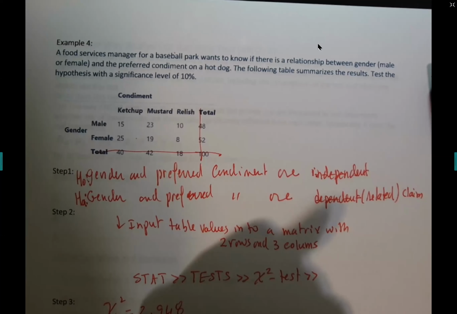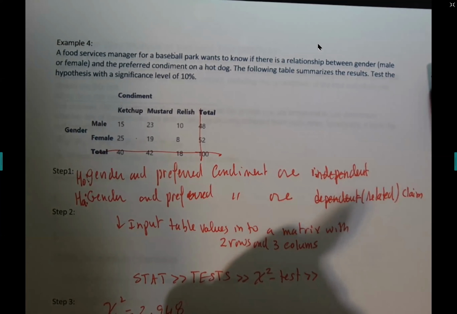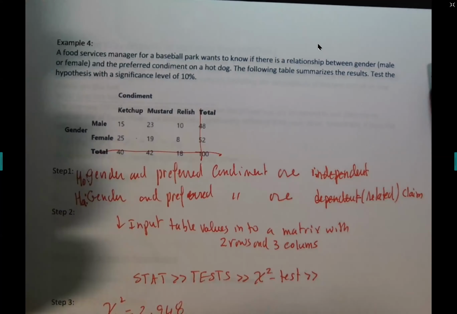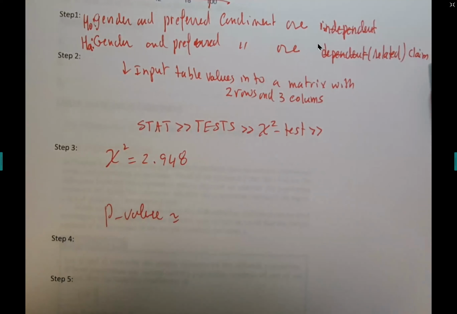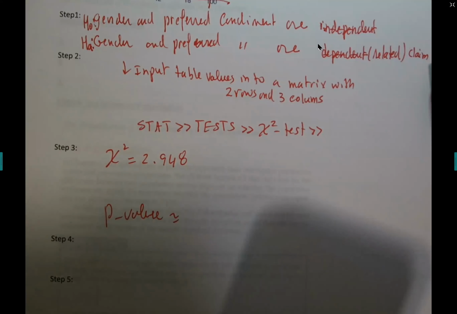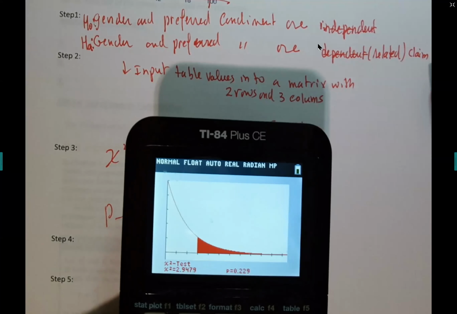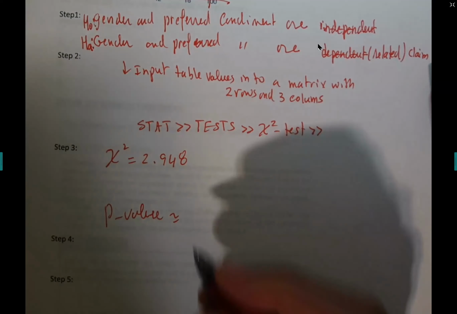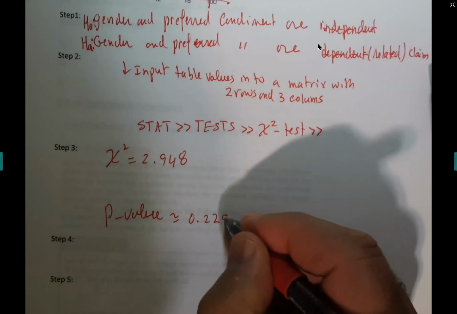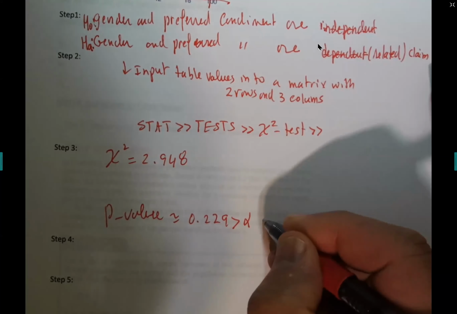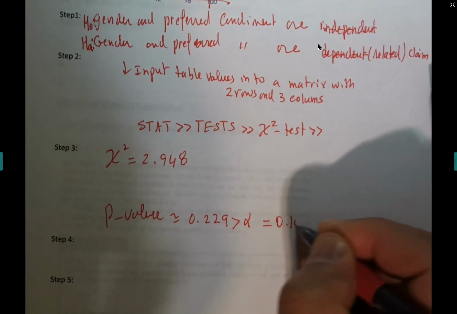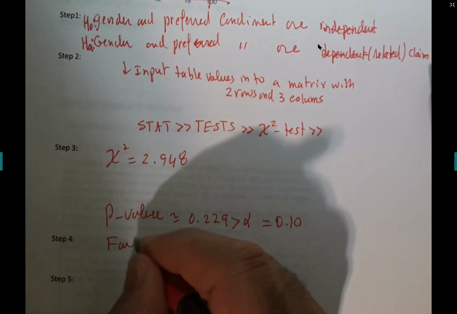The p-value, guys, I think it's 0.229. That's huge, which is more than alpha, guys, which is 10%. Fail to reject H0.